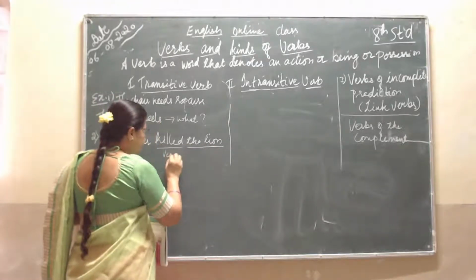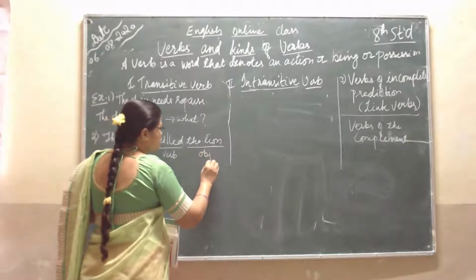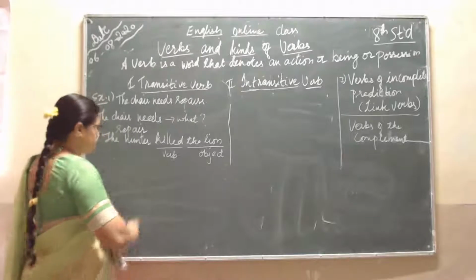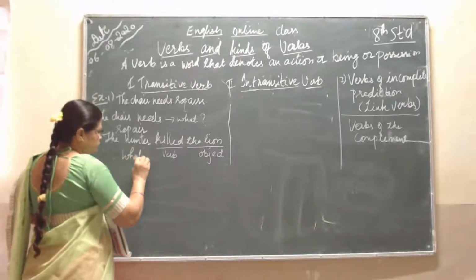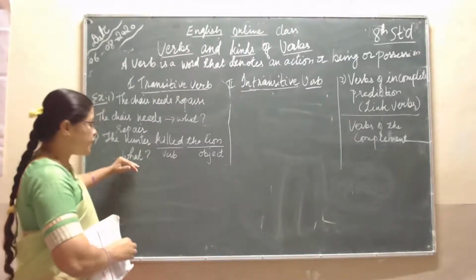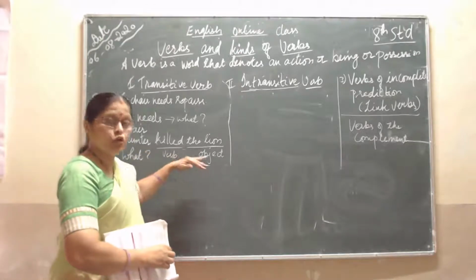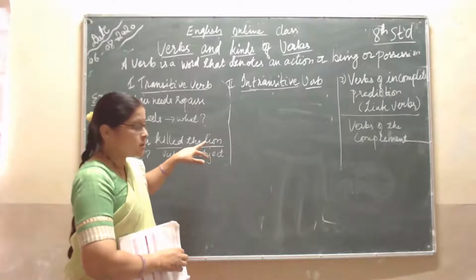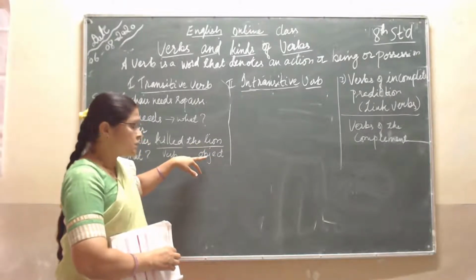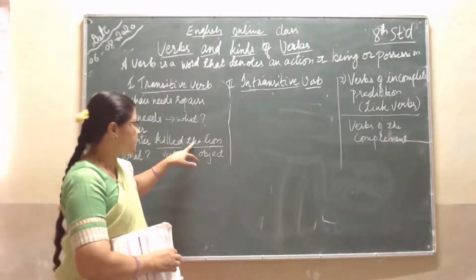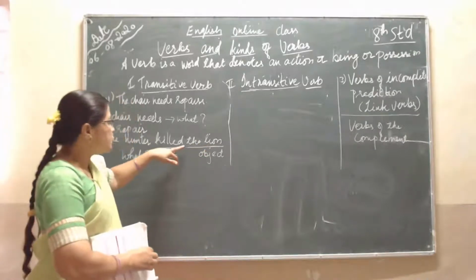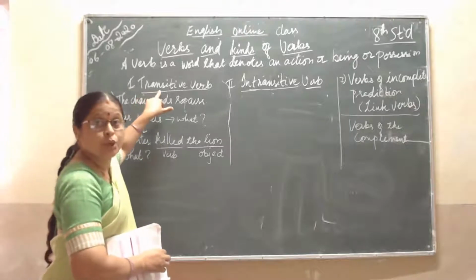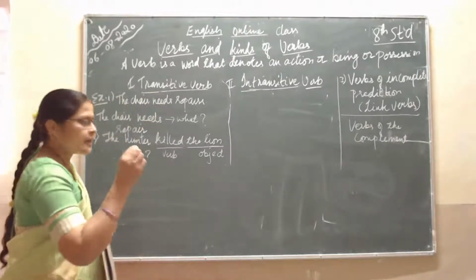This is a verb here and this is an object. When you frame the question using the verb and an object, you will get the answer, the lion. So this is the object here, that is lion. So now we can find killed is the verb here. This is a transitive verb.